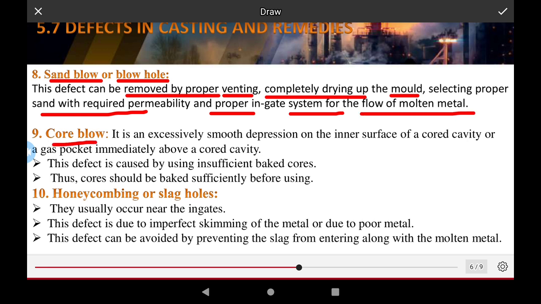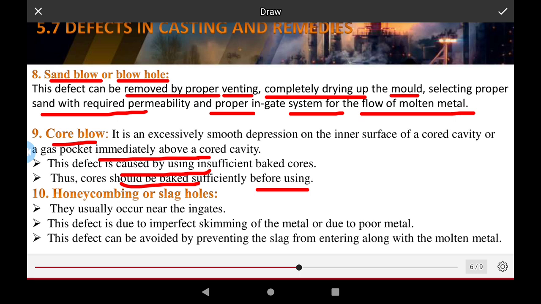Core blow is an extremely smooth depression on the upper surface of the core cavity, as a gas pocket immediately above the core cavity. The defect is caused by insufficient venting of the core. The core should be vented sufficiently before the casting.